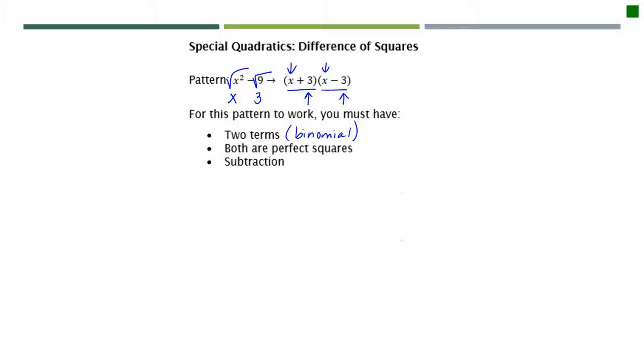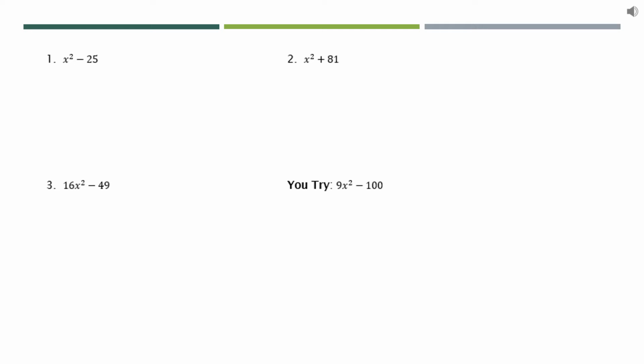One thing I want to mention is that if you have a sum of squares, so that would be a perfect square plus a perfect square, these are always prime, and prime means that you cannot factor it. So if it's a difference of squares with subtraction, it factors using this pattern that is up in blue. And if it's a sum of squares, it's automatically prime. You don't have to do any work.